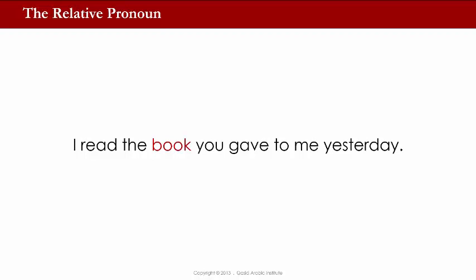We can more easily say, I read the book you gave to me yesterday, and that's perfectly legitimate in English. Notice that we dropped the it, and because in English, when the noun is definite, we can drop the relative pronoun, we drop the which as well. I read the book you gave to me yesterday.